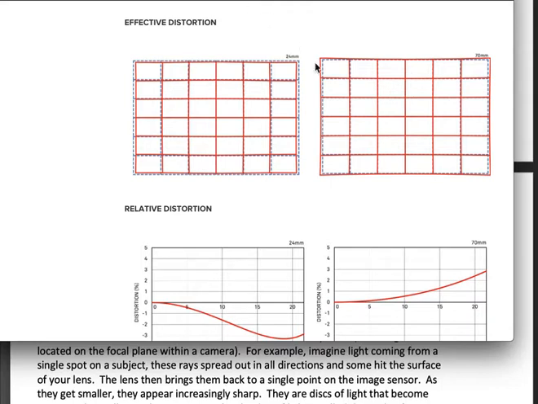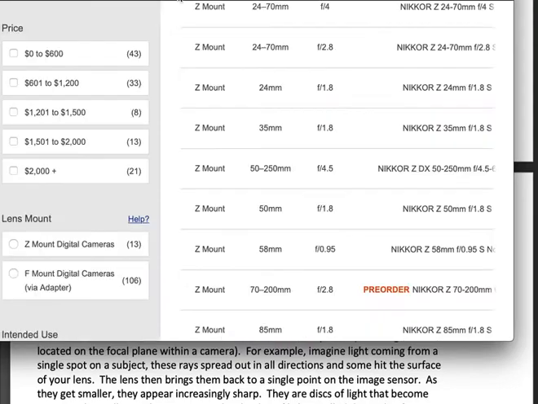And so on this lens, we can see at the 24mm focal length, minimal distortion, a little bit of barrel distortion there, and a little bit of pincushion at 70mm on the edges there. This is a pretty remarkable quality of a lens. But if you're photographing architecture, you're probably going to want a wider angle lens, and so the image distortion becomes a particular interest to you there.